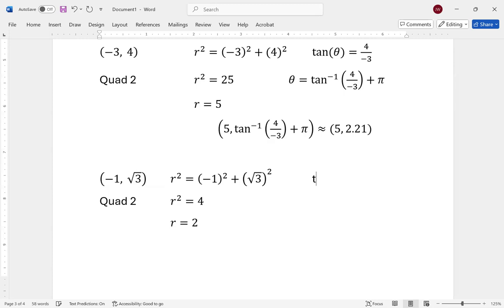Now tangent of theta is going to be equal to the square root of 3 over -1.